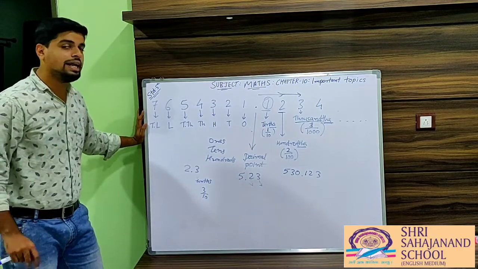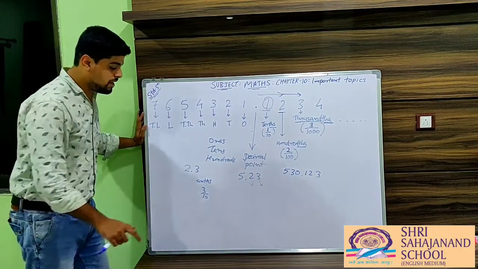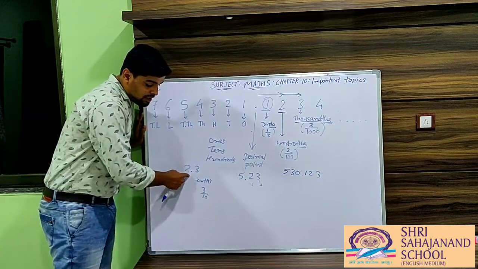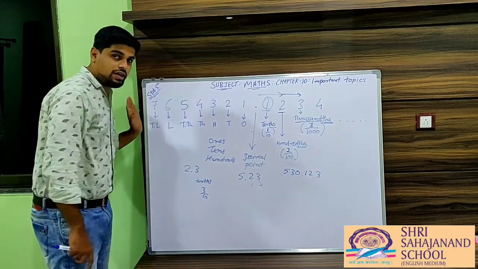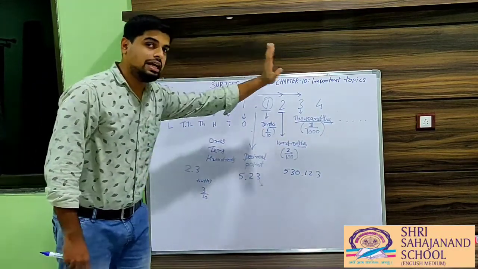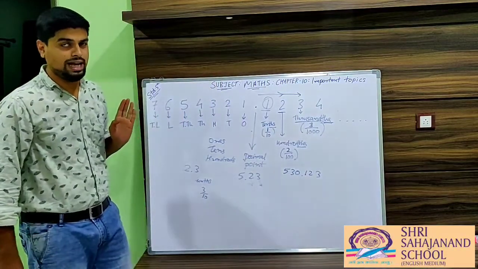Okay, can you read any decimal number? It's very simple. You have to first read the left hand side of a decimal point as it is, and then the right hand side of the decimal point as it is.